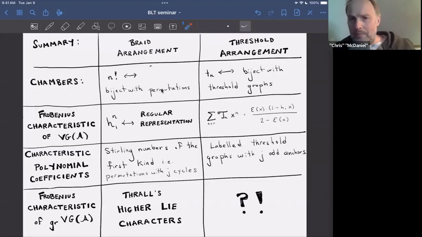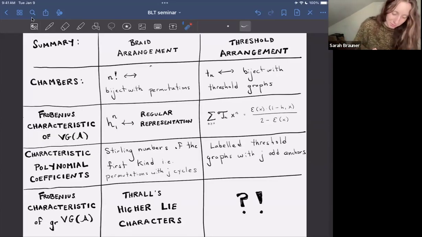Okay. My next question is, you said the Orlik-Solomon algebra is like the abelianization of the Varchenko-Gelfand ring, is that right? Other way around. Or, yeah, right.